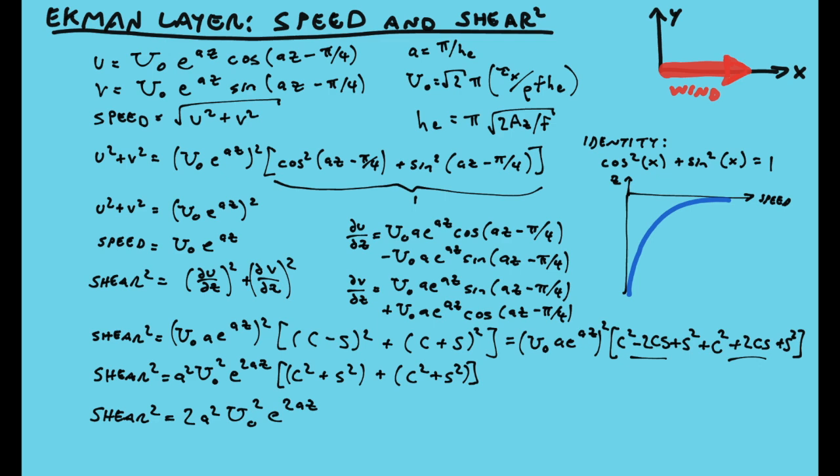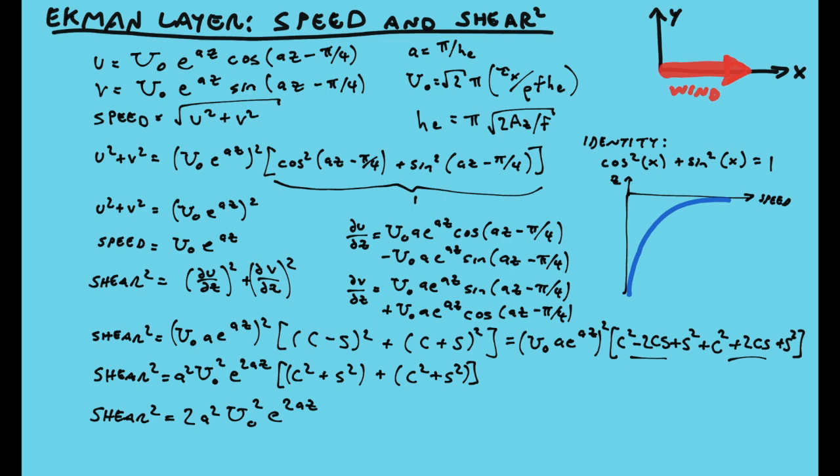We applied the product rule by first taking the derivative of the exponential term, which varies with z, and then taking the derivative of the cosine term. That's why we came up with two terms in du dz. Similarly, dv dz is u naught a e to the Az sine Az minus pi over 4 plus u naught a e to the Az cosine Az minus pi over 4.